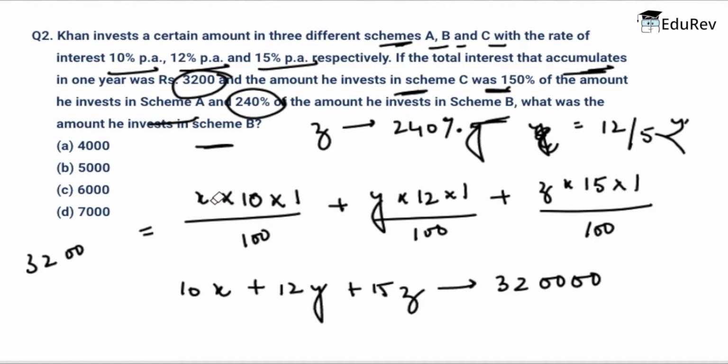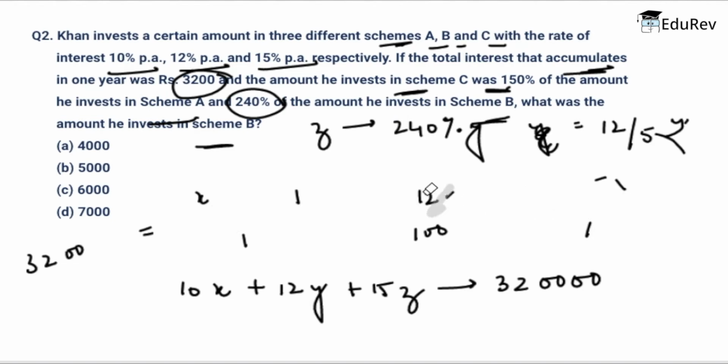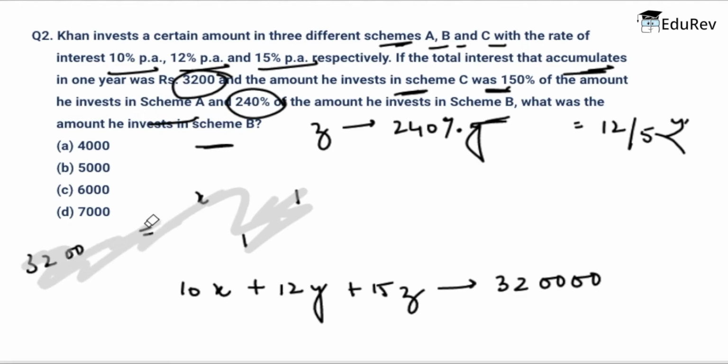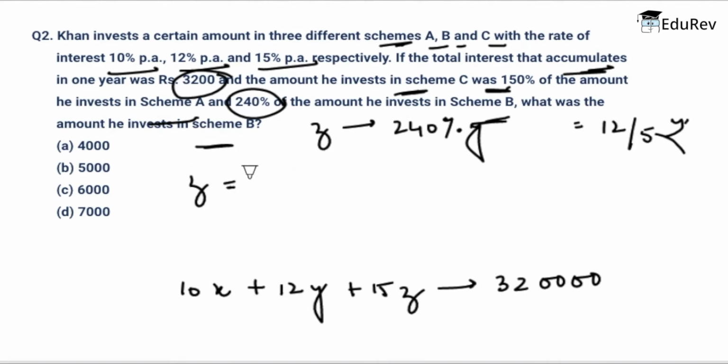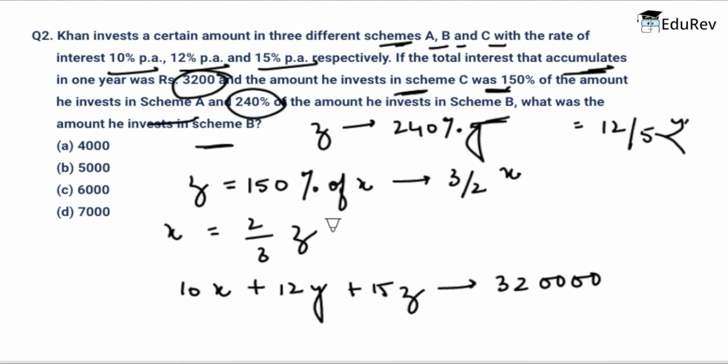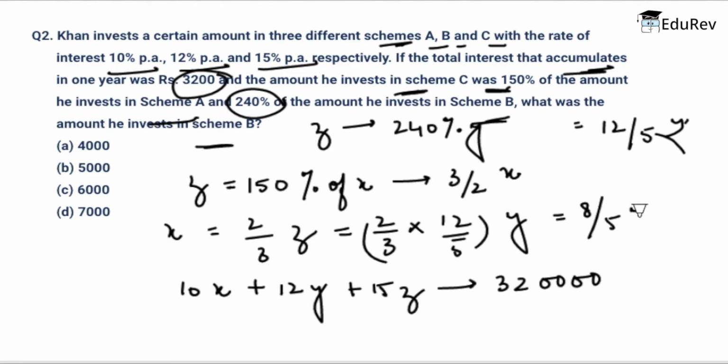Similarly, if I write one more equation, z equals 150% of x, that is 3 by 2 of x, or in other words x equals 2 by 3 z, equals 2 by 3 into 12 by 5 y, equals 8 by 5 y.